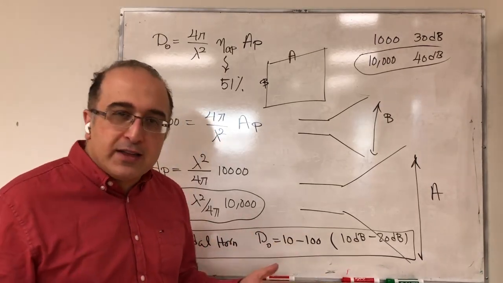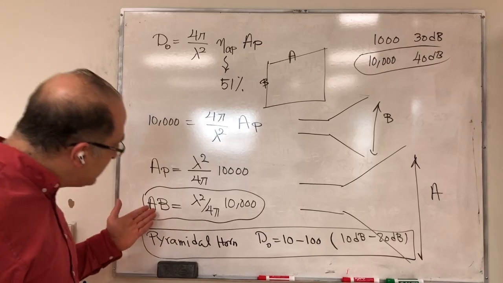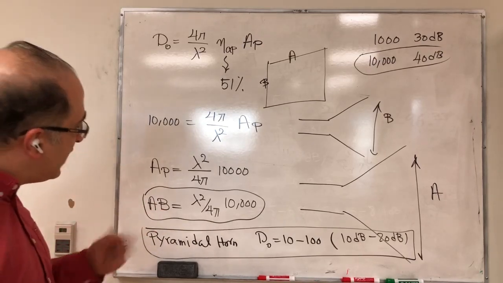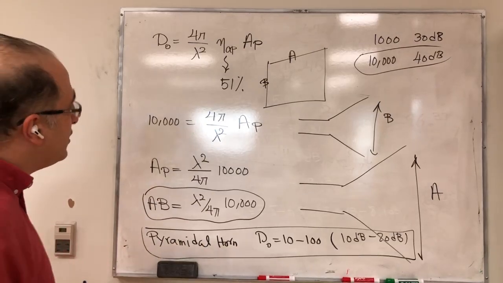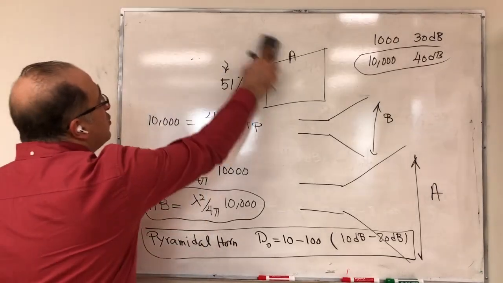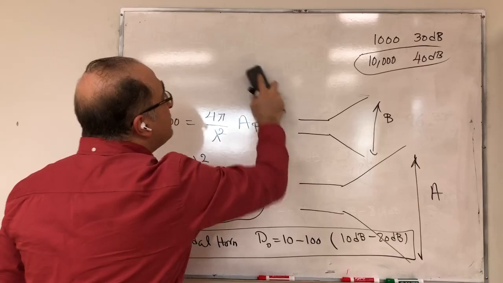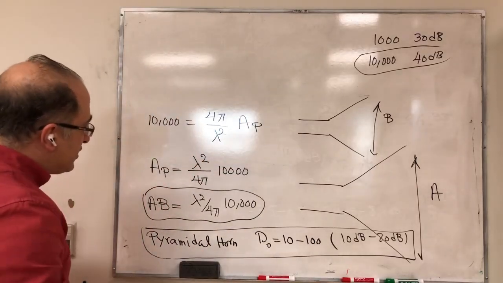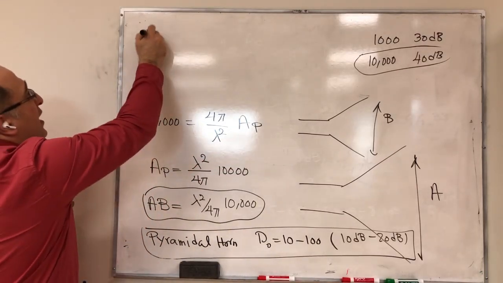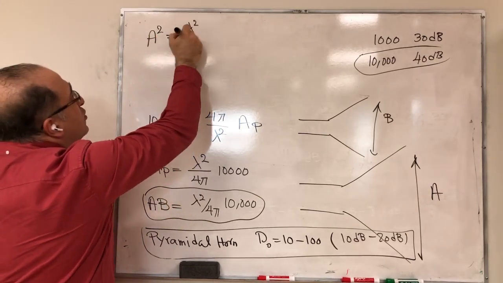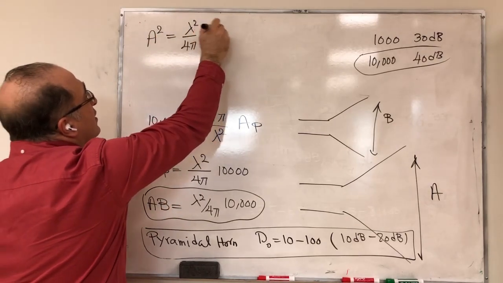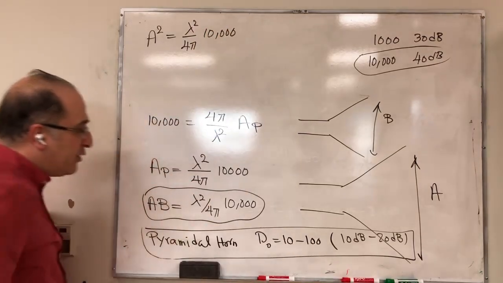That's not the right assumption here, but for simplicity, let's do that because then I can find my A and B without going to further equations. So if I assume A is equal to B, then I'm going to have A squared equal to lambda squared over 4 pi times 10,000. So this is what I have.